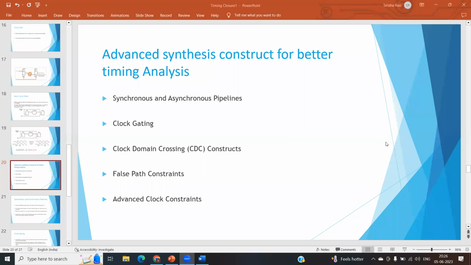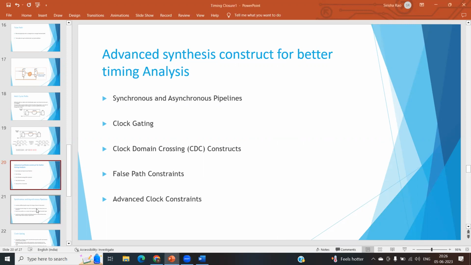So in advanced synthesis constructs, we have different techniques like synchronous and asynchronous pipelines, clock gating, clock domain crossing constructs, false path constructs, advanced clock constructs. Let us see one by one, and there are other techniques also. I have listed a few. So let us see in detail what these are.